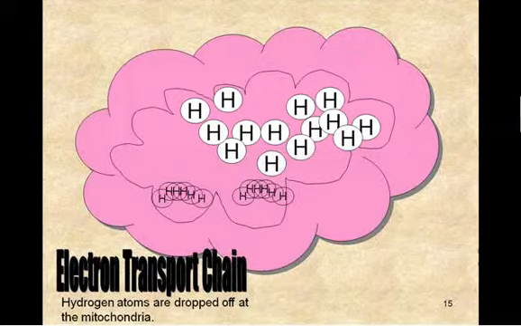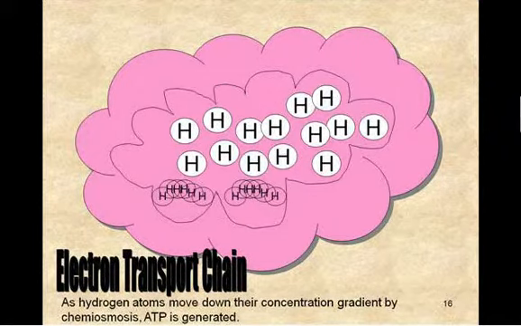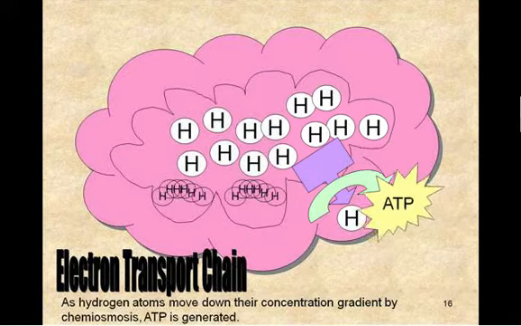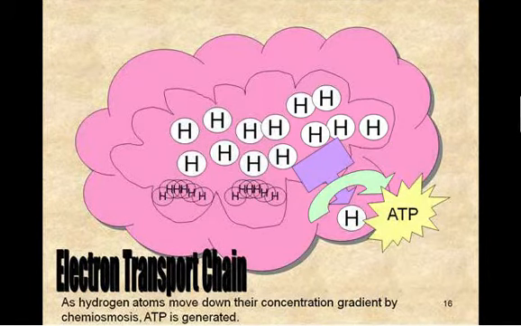So sitting here in the middle of this mitochondria, you can see all these hydrogen atoms. They don't all want to be together. They want to get away from each other. So they're going to move down their concentration gradient. And as they move down their concentration gradient, it's like water behind a dam. As they go down the concentration gradient, they're going to release energy, just like water going over a dam, and that energy can be used to make ATP, just like water going over a dam can be used to make electricity.